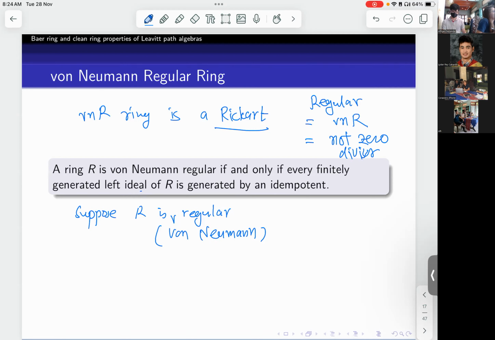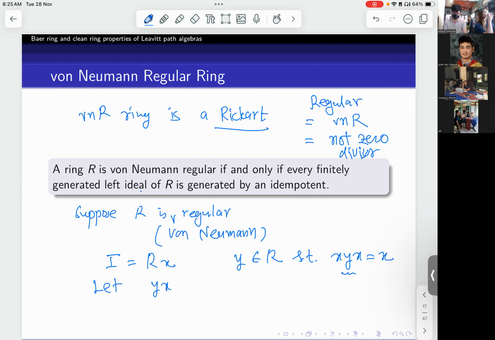Suppose R is a von Neumann regular ring, and consider I equals Rx. Take Y belonging to R. Since we are assuming R is von Neumann regular, we can choose Y such that XYX is X. So Y is a weak inverse of X. Why is this an idempotent?